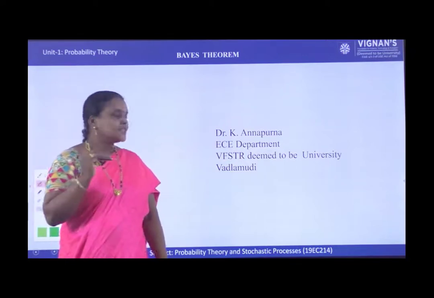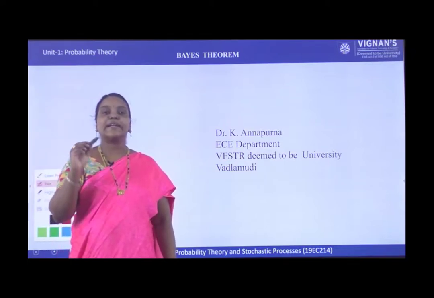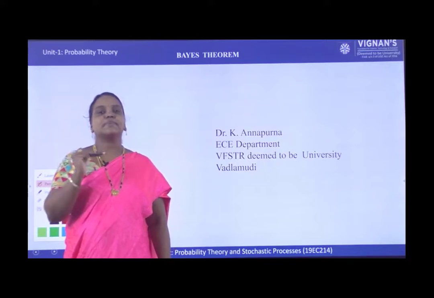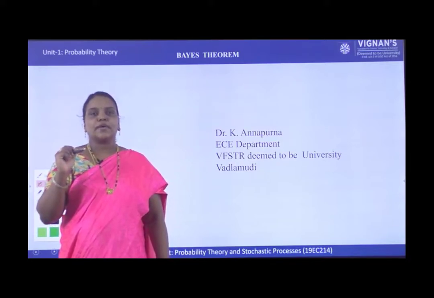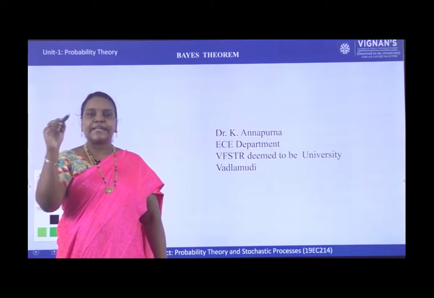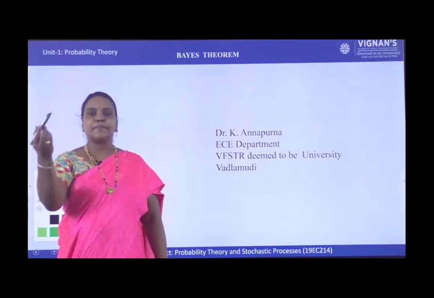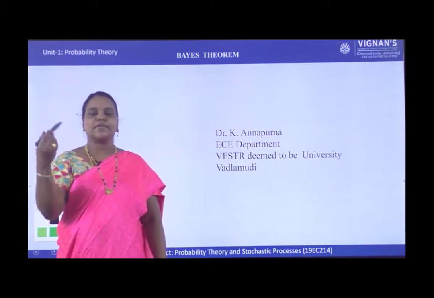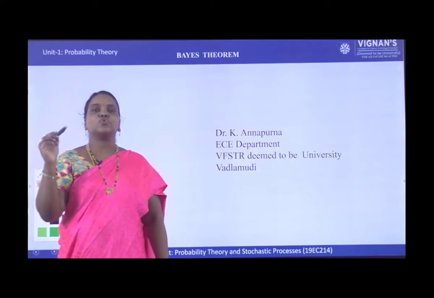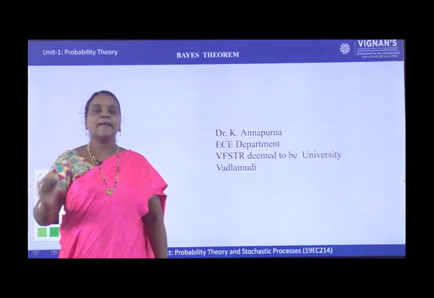Now, Bayes theorem means to find the conditional probability we use Bayes theorem. That is, if it is A, then is it from part 1 or part 2, that is event 1 or event 2. So, to find that we go for Bayes theorem.